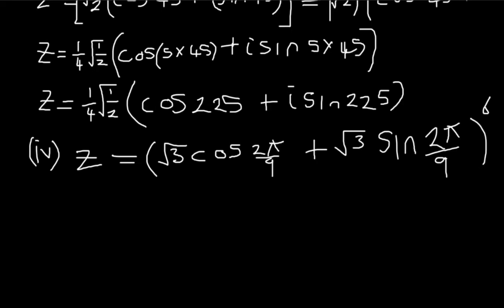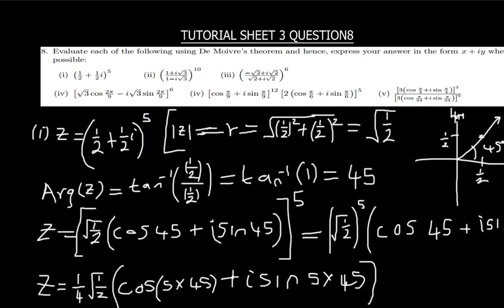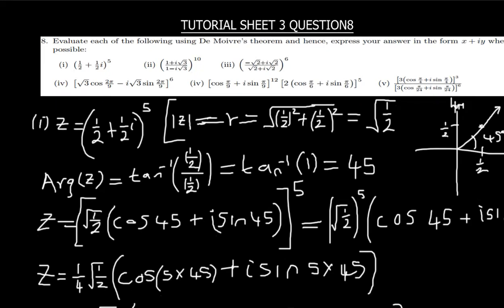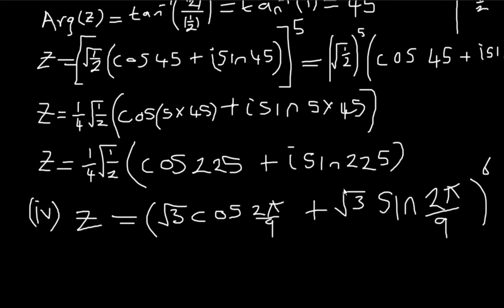Let me just confirm if what I've written is correct. The root of 3, 2 pi over 9. Oh, there's a minus there. Okay, alright. So instead of putting a plus here, there's supposed to be a minus.